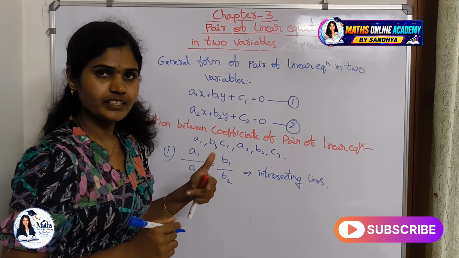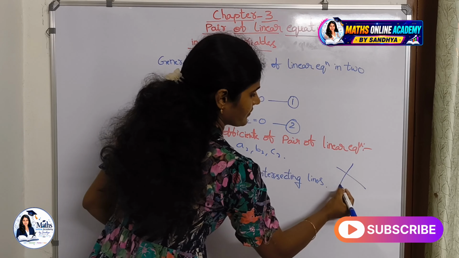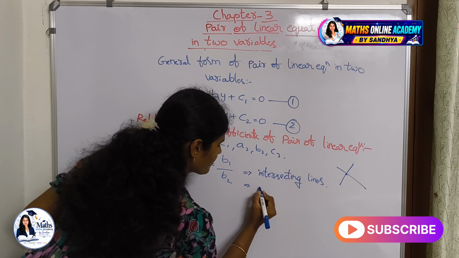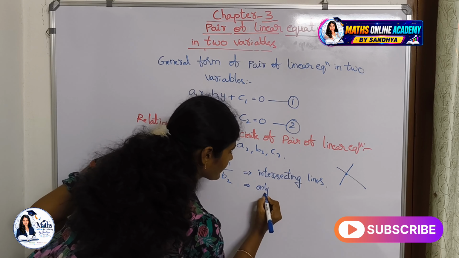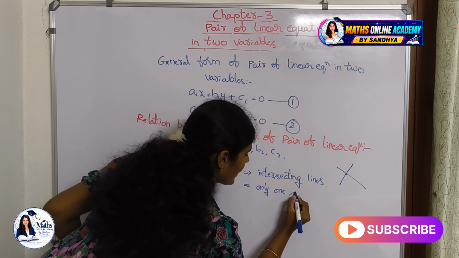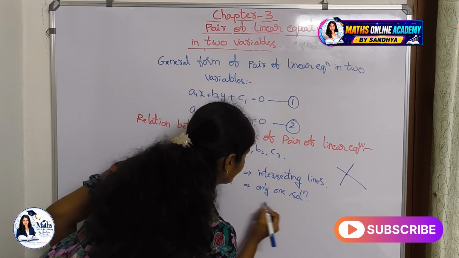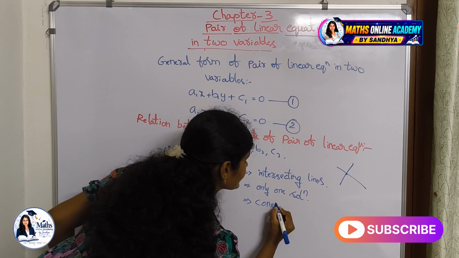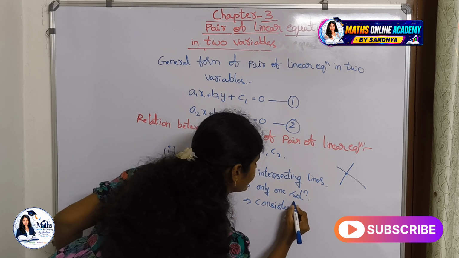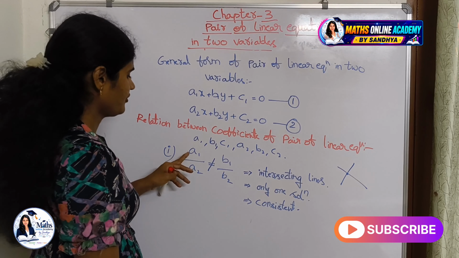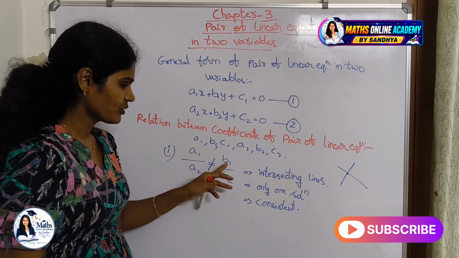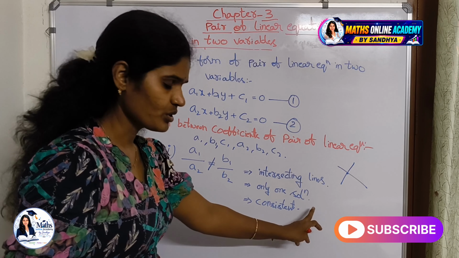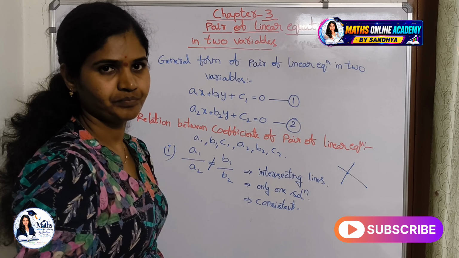Already we discussed. Intersecting means it has one common point, means only one solution. And what are those, consistent or inconsistent? Consistent. Okay. If a1 by a2 is not equal to b1 by b2, it means intersecting lines, only one solution, consistent.